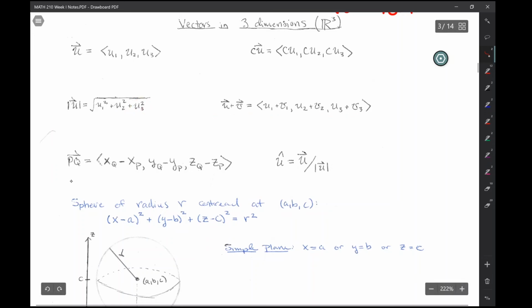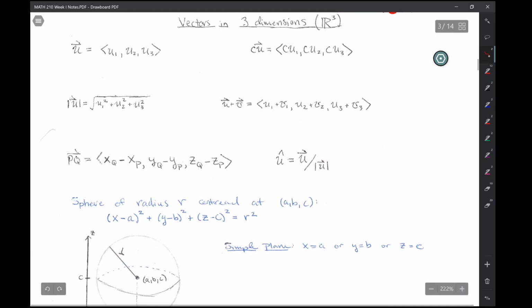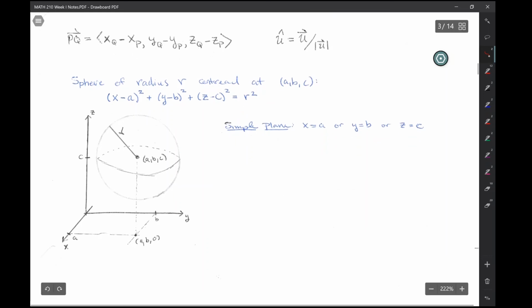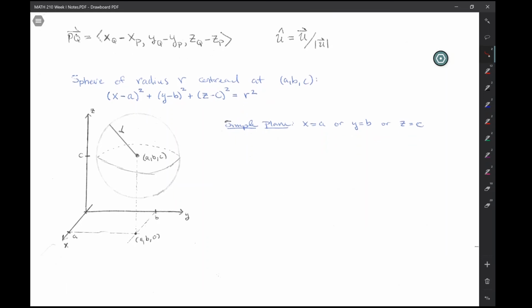Addition works the same way. Finding a vector between 2 points p and q works the same way, except now you have this z_q minus z_p. And you get the same way to find a unit vector. So everything is pretty much the same when you're working in R3 as far as components.